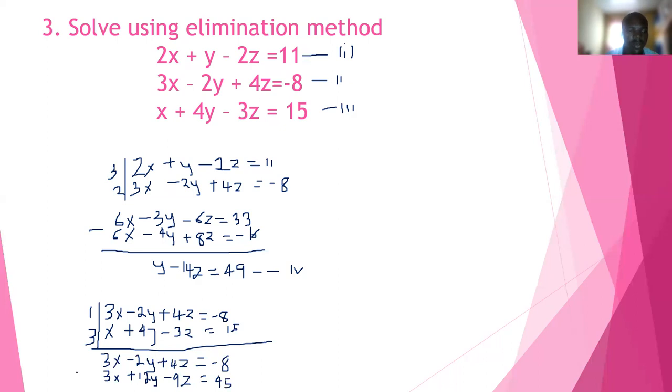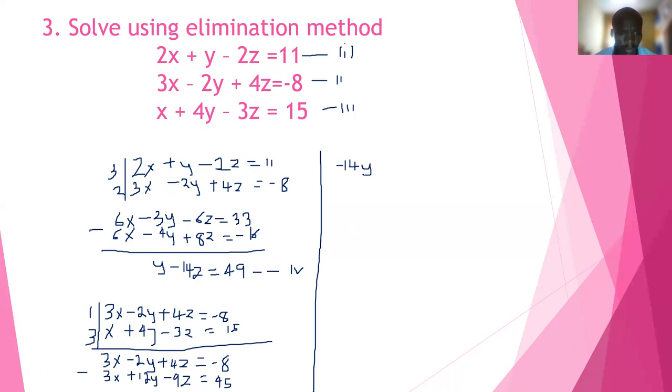And here also we subtract the equations. If we subtract them, x will be eliminated. So we'll have negative 2y minus 12y, which is negative 14y.